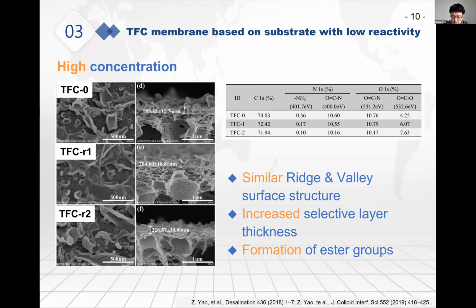From XPS results, the increased carbonyl group content of TFC1 and TFC2 indicates the formation of ester groups. It is evidence of the reaction between hydroxyl groups at the surface of the substrate and TMC. It also indicates the participation of the substrate in the IP process.